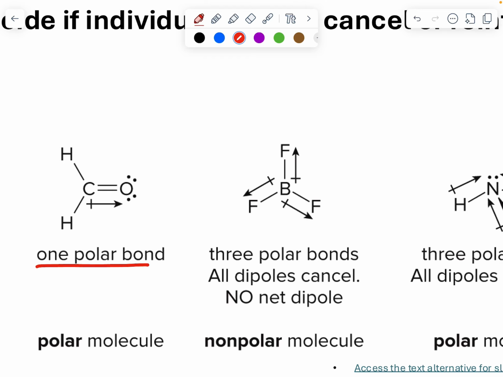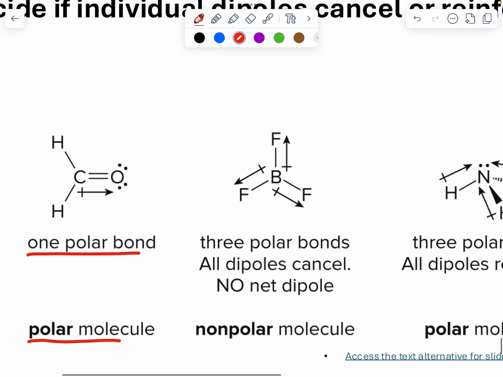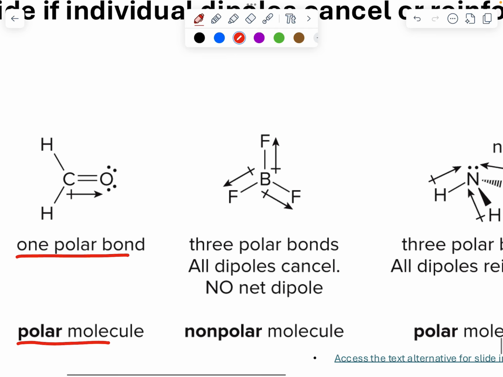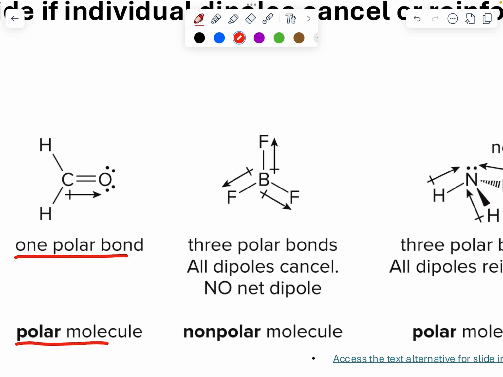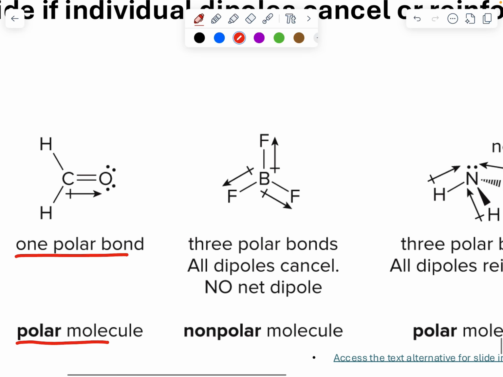All right, let's take a look at another example. We have BF3 here. Each individual bond is a polar bond, and we would know that by looking at the electronegativity differences. When we draw our dipole moments, we would draw them facing the fluorine, because fluorine is the most electronegative element of the two between fluorine and boron.